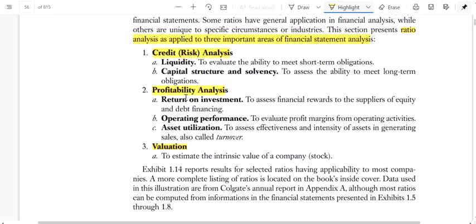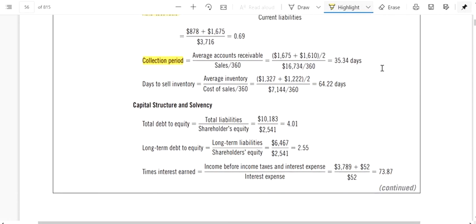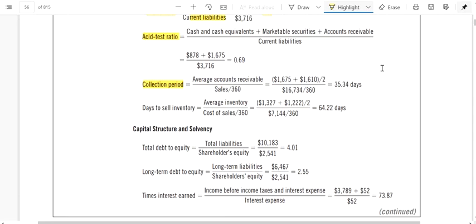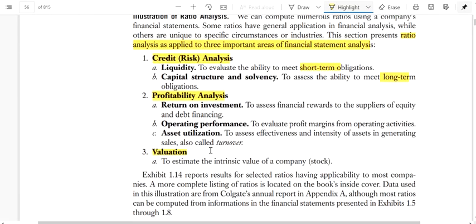Kalau liquidity, short term. Kalau capital, long term. Okay. Nampak ni, total liabilities, long term liabilities. Sebab tu dia untuk long term obligation.